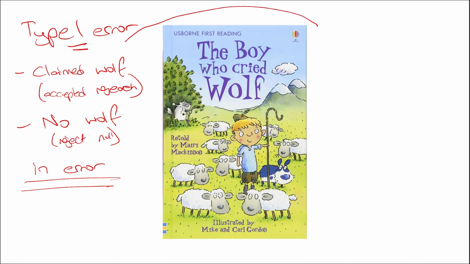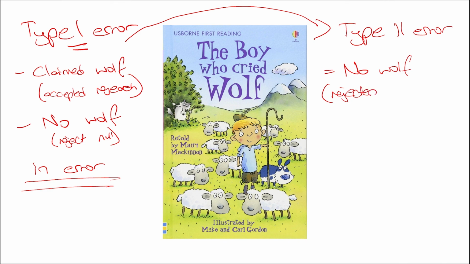At the end of the story, we can think of this as like a type 2 error. Actually, the villagers thought that there was no wolf and they rejected the research hypothesis.